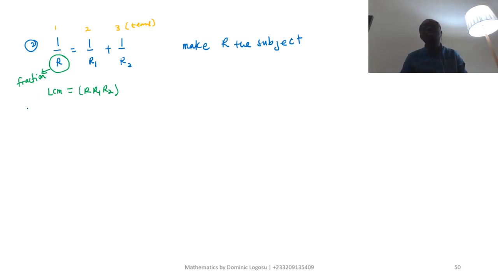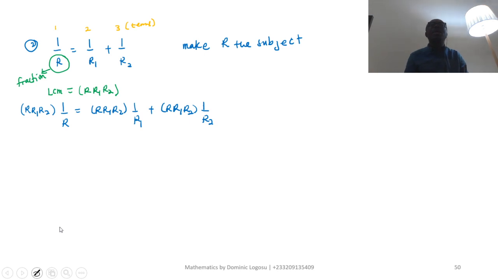So let's go ahead and do that. We have R, R1, R2 multiplying 1 over R, equals R, R1, R2 times 1 over R1, plus R, R1, R2 times 1 over R2.